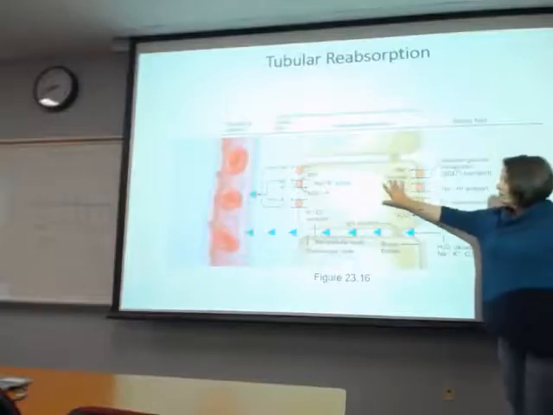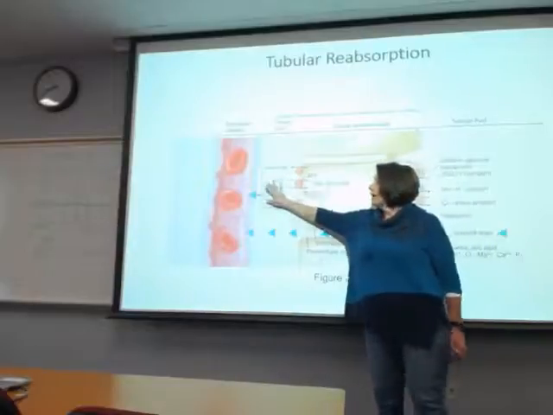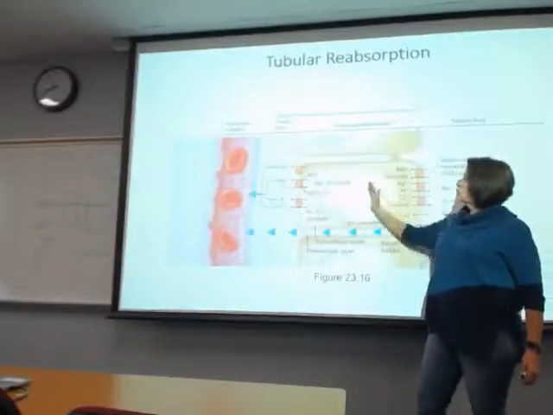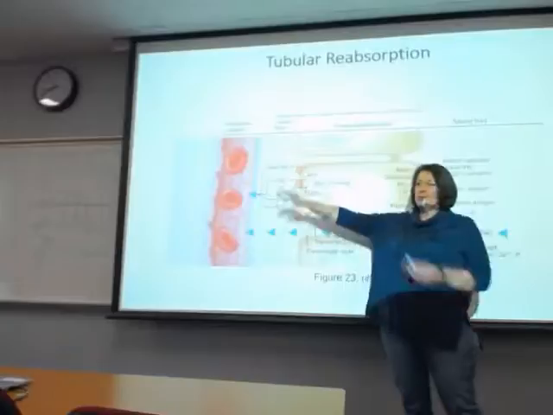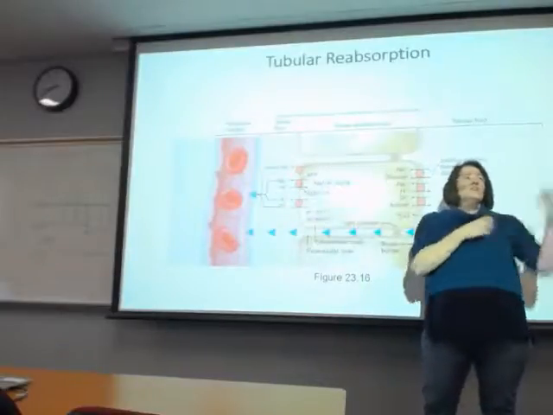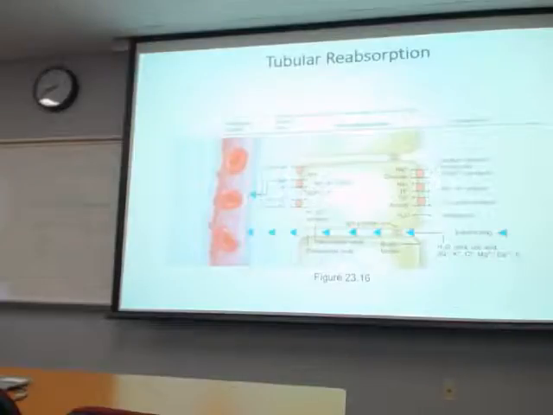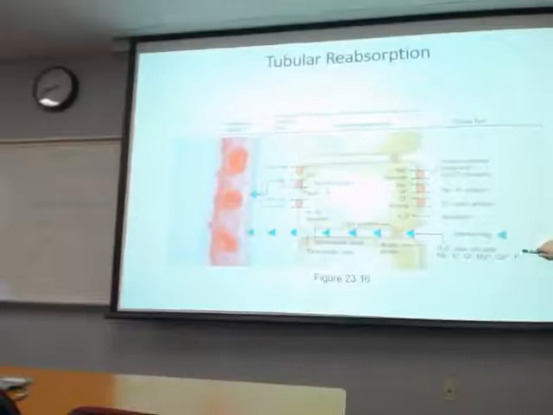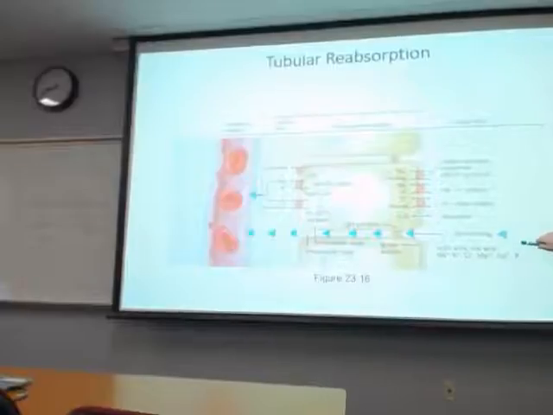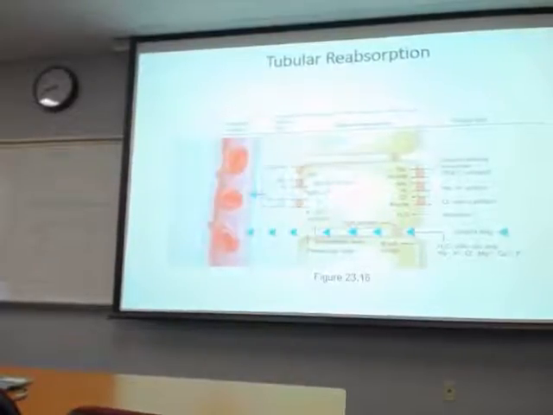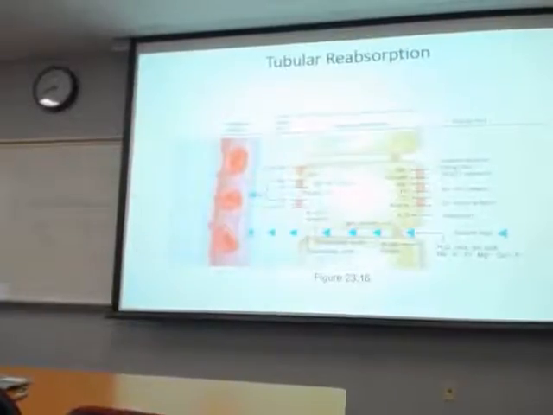If we look at what's going to have to go by way of making it across the cell, this is where the function of those proteins becomes important, because one of the substances that does not follow solvent drag is glucose. Okay? Glucose does not follow by solvent drag.